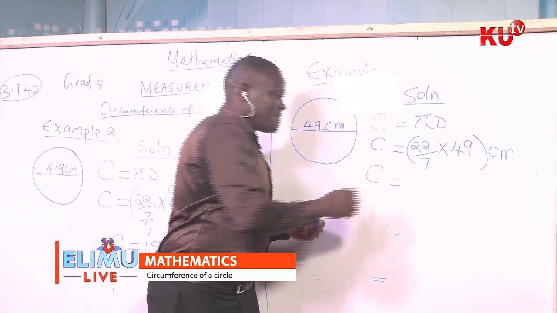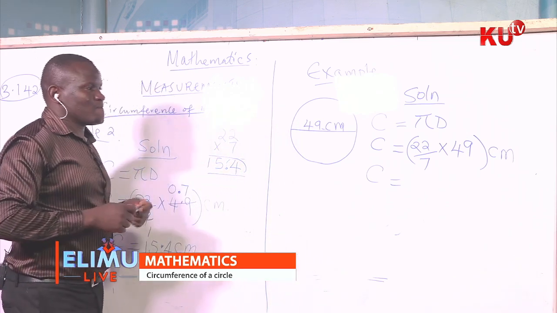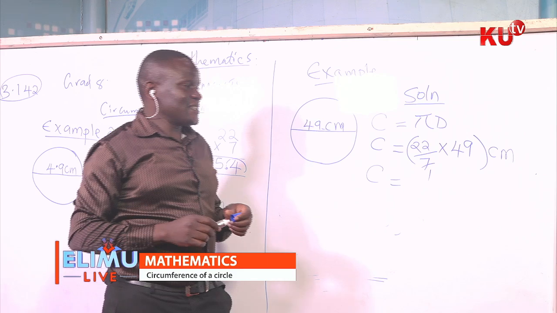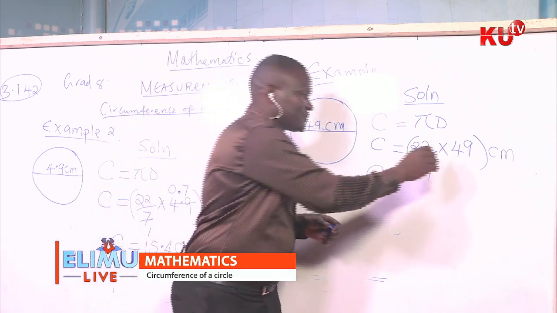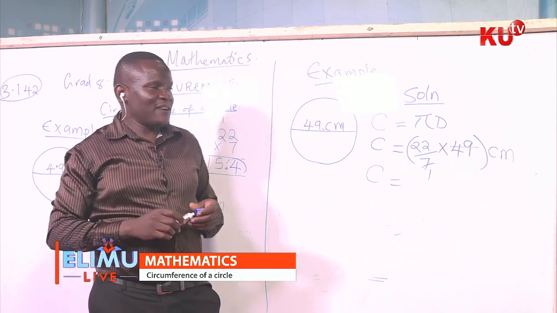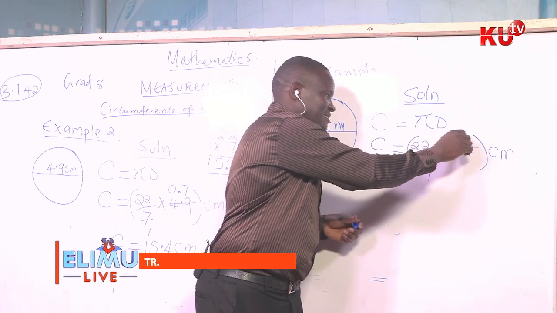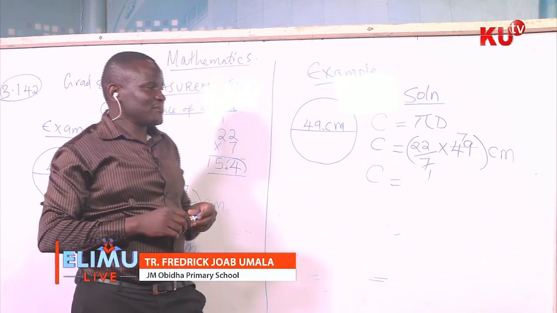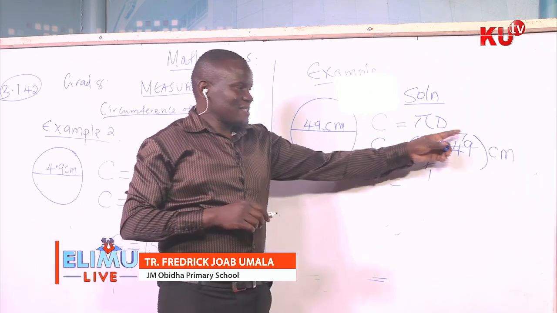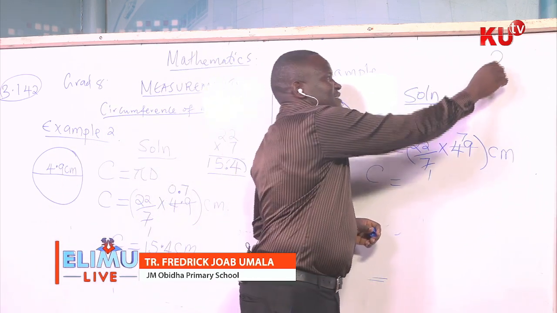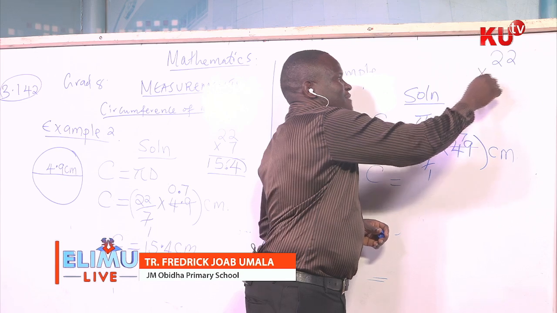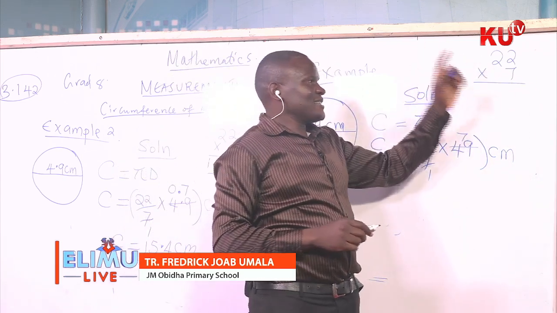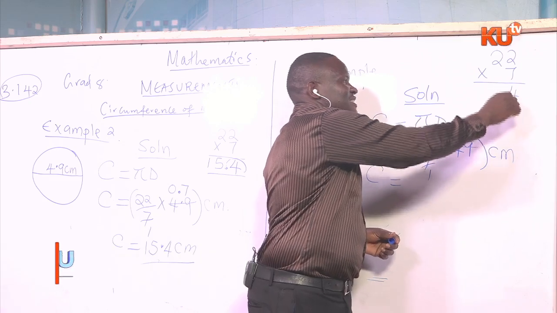Circumference, therefore, let's work out. 7 into 7 once, into 49 7 times. So we have 22 times 7. 22 multiplied by 7. 2 times 7 is 14.